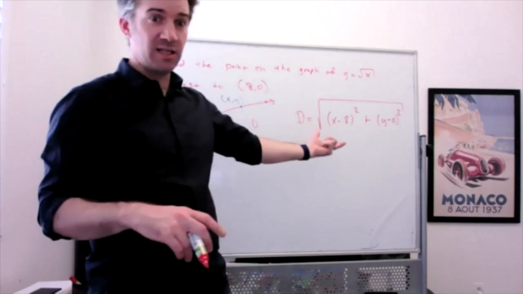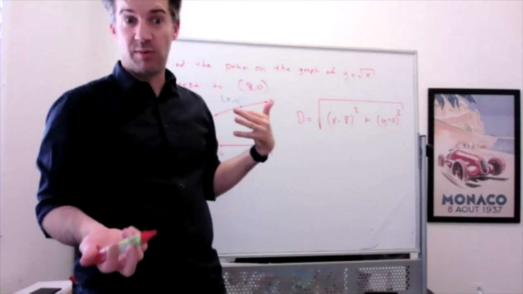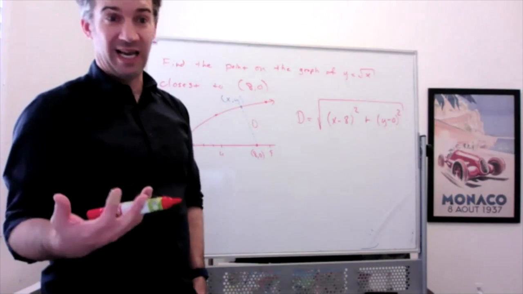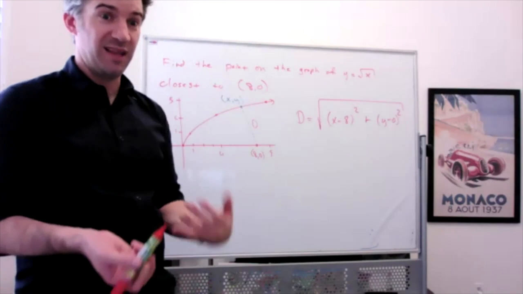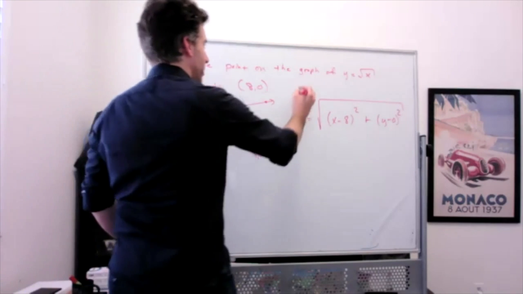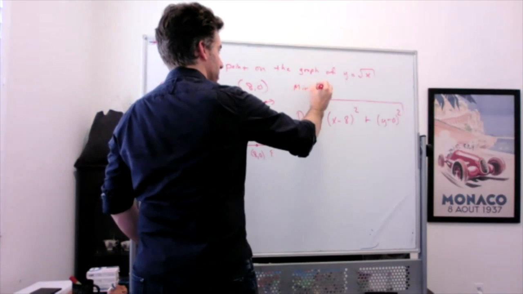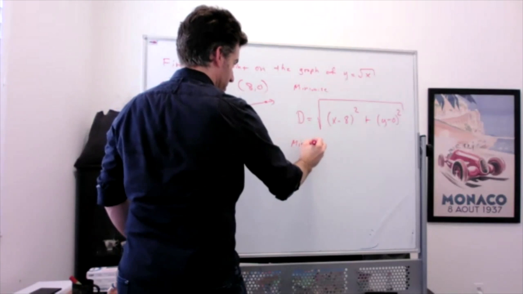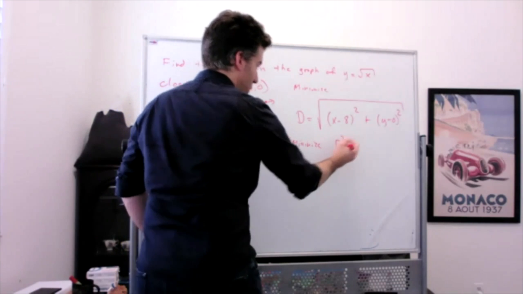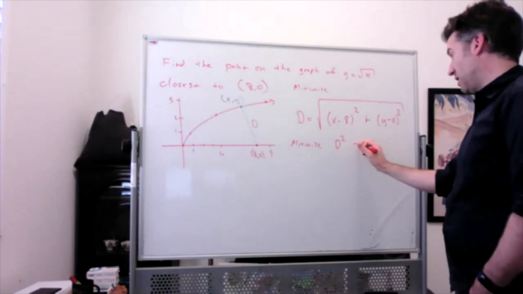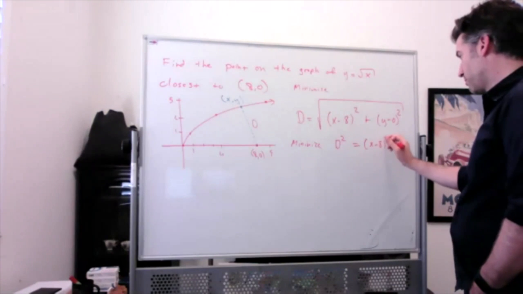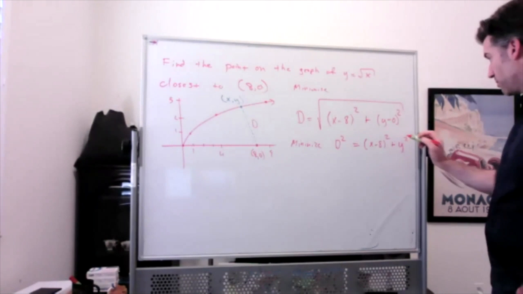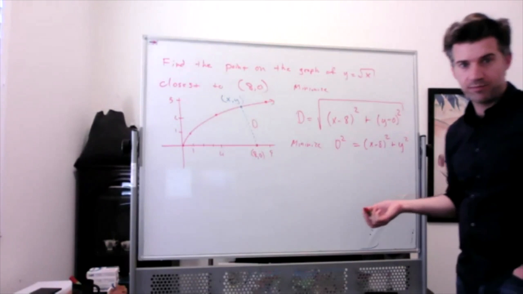Because if you make the inside as small as possible, then you'll make the square root of that as small as possible. So what I'm really saying, and which you'll see people do in any class when you have to minimize something that has a square root, is instead of minimizing the distance, we're going to minimize the distance squared, which is just the inside parts. And I'm going to simplify that as just y squared, because y minus 0 is y.